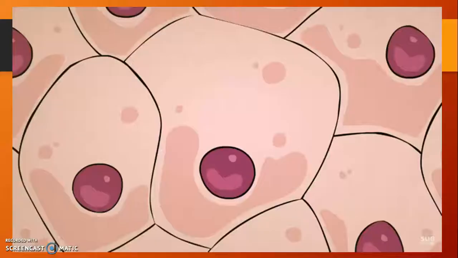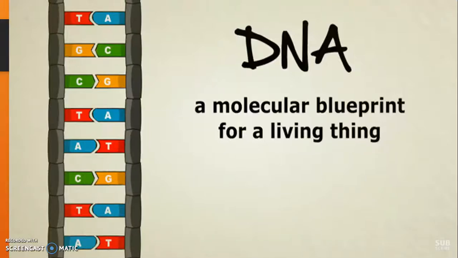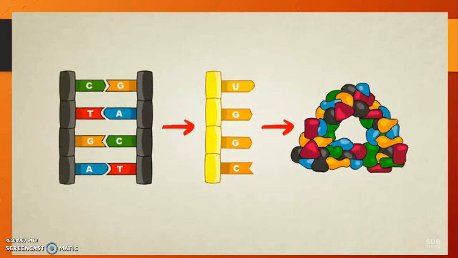So let's look at the crux: DNA is a molecular blueprint for living things, and DNA is coded through a structure called RNA, and the RNA has the codes which are read by the ribosomes in sequences of 3, and each sequence of 3 codes for a specific amino acid.